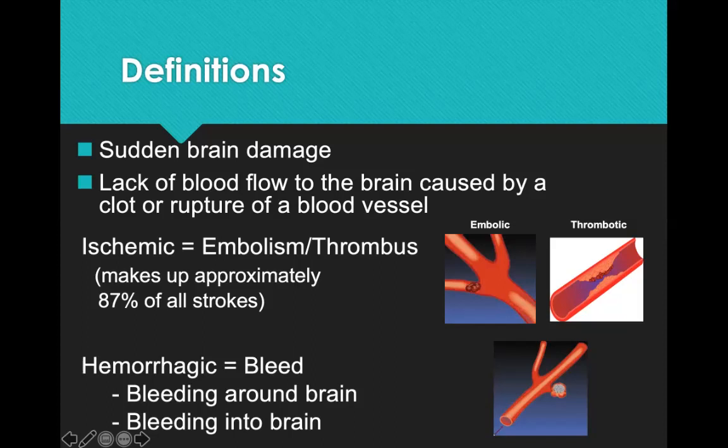And the same idea that we saw with the embolus, this blood clot can now travel and lodge in these areas as well. But the difference is an embolus or an embolism is a non-blood related substance, like calcium deposits, that's lodging within it. And thrombosis is when we are dealing with a blood clot that has lodged and broken out. So as I said, that's about 87% of all of our strokes.